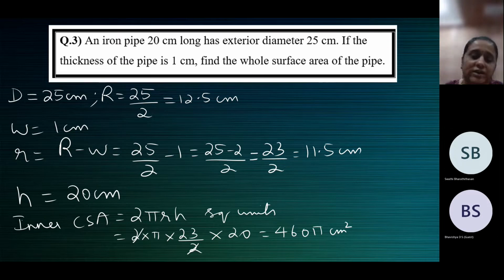Yes, ma'am. Very good. Similarly, find the outer CSA, and then the area of two rings. Let me know once done, children.